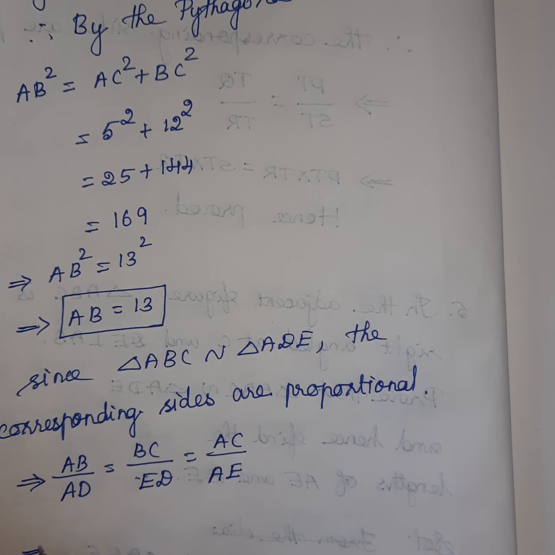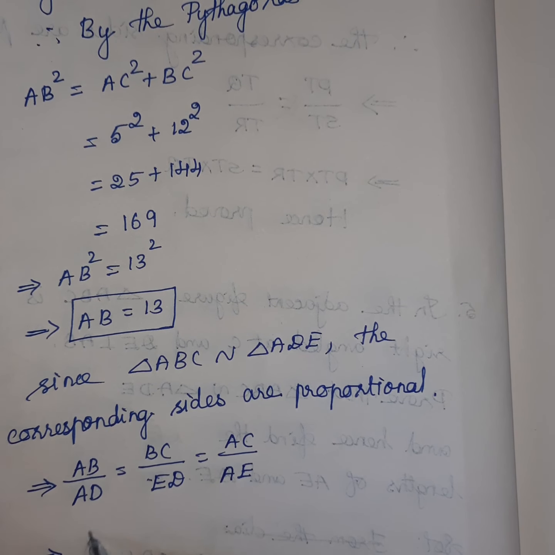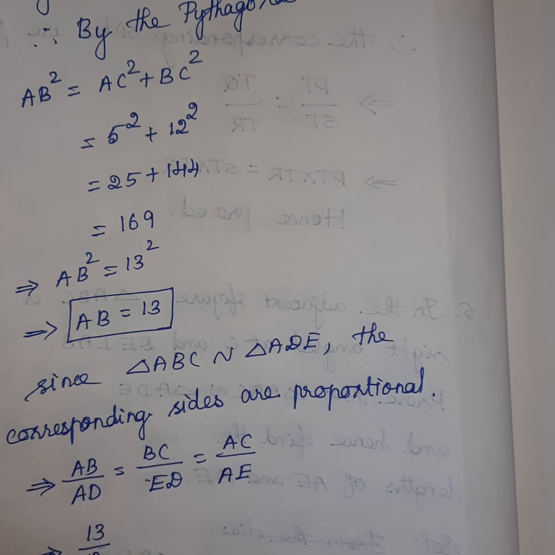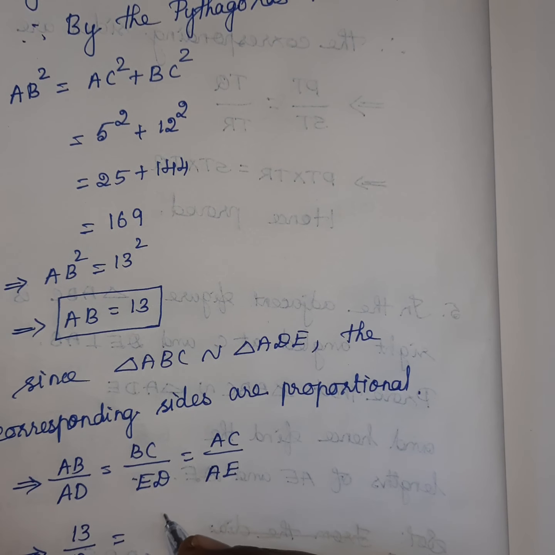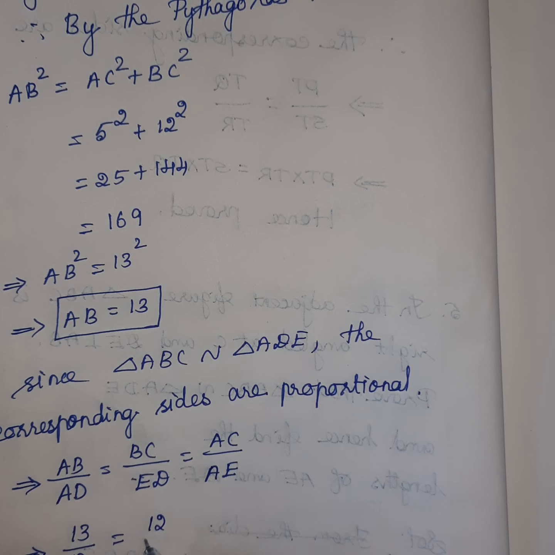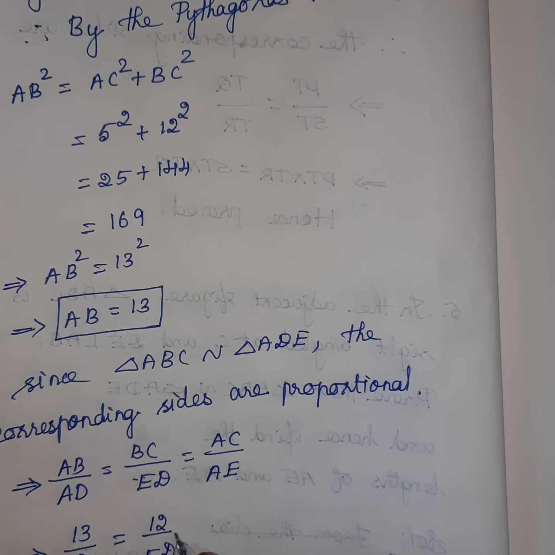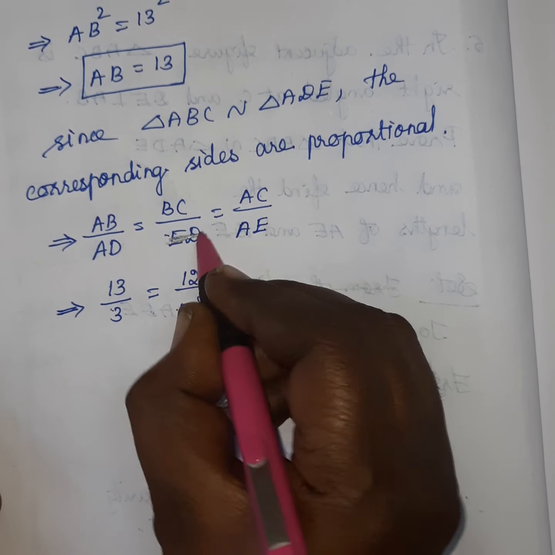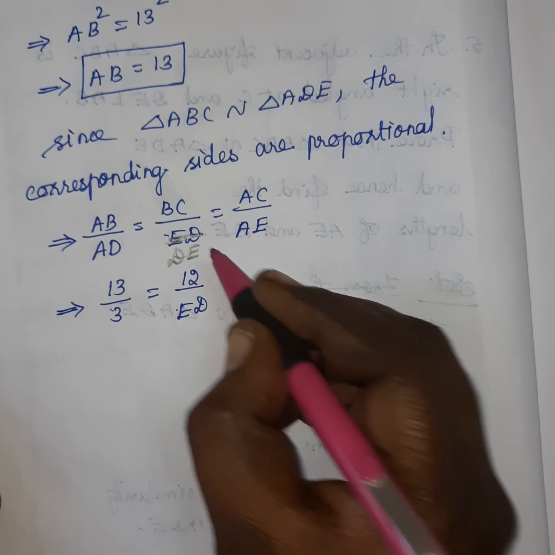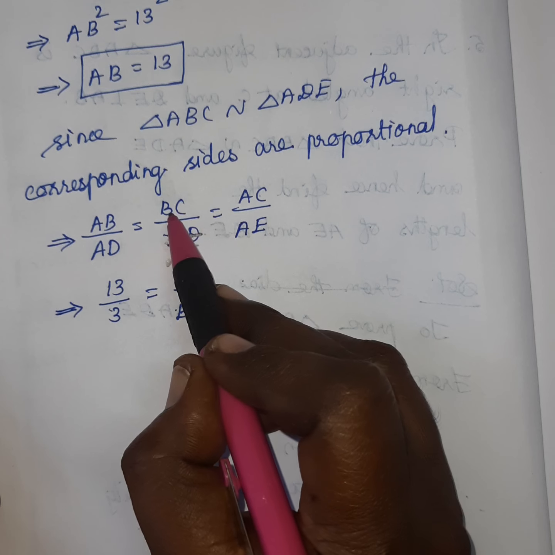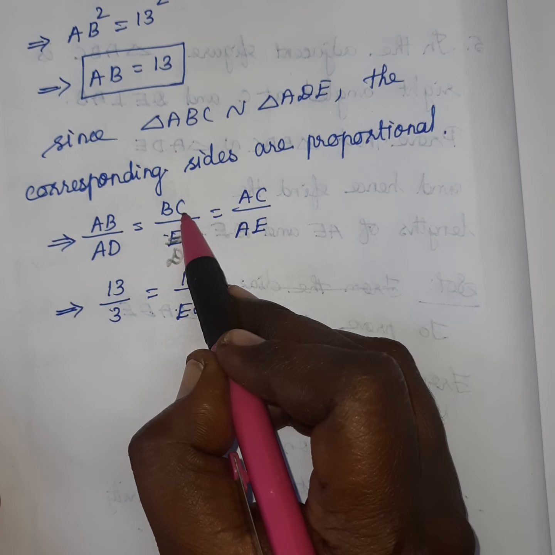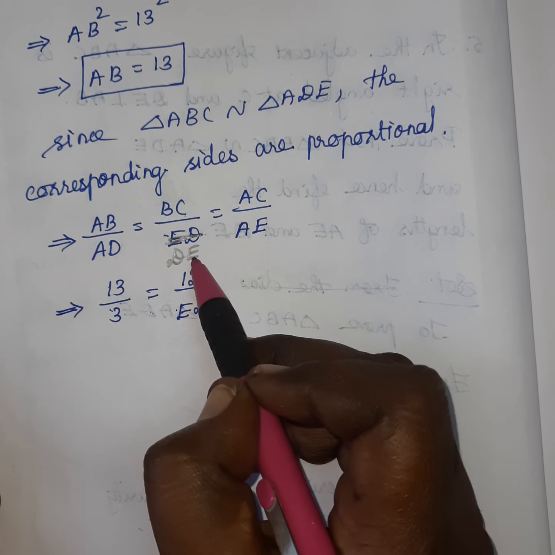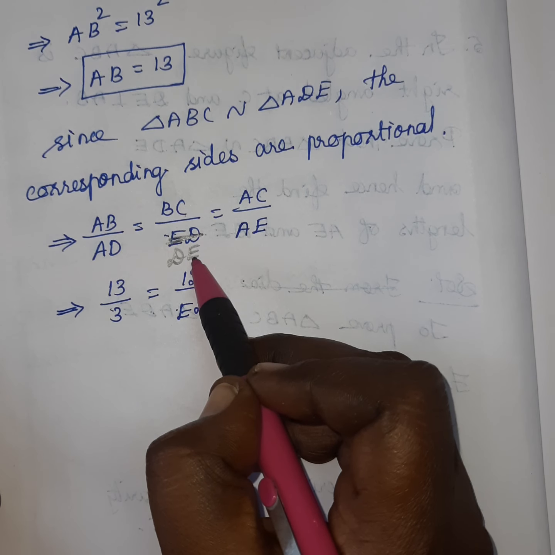What are the values we know that we can apply? AB value is 13, AD value is 3. BC value is 12 and DE value we don't know. You can write it the same way, DE. Since in the numerator the second vertex C has a 90 degree angle, the same way in the denominator E has 90 degree.